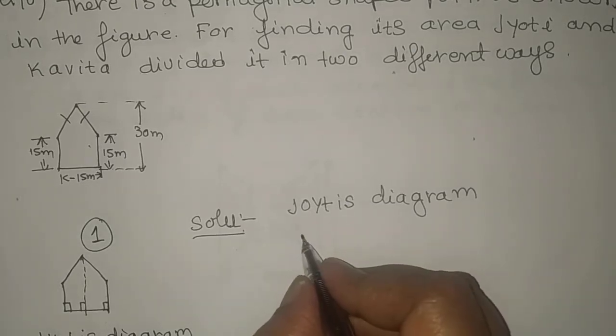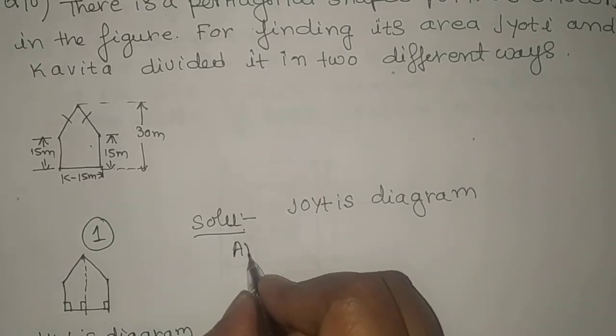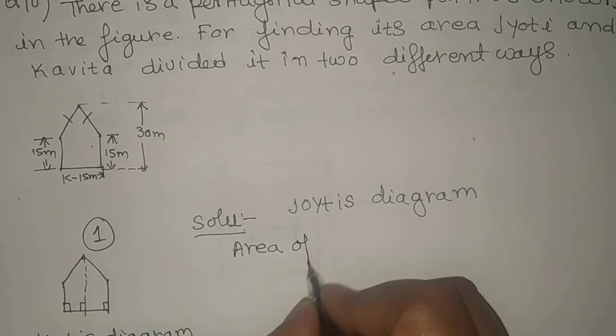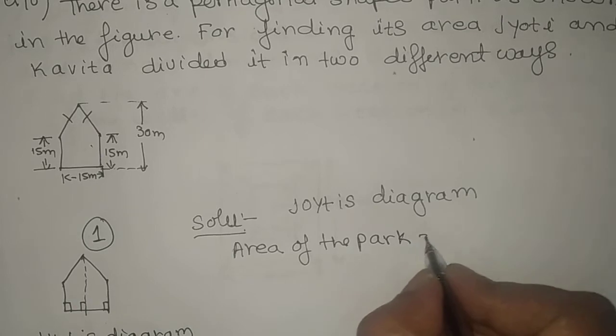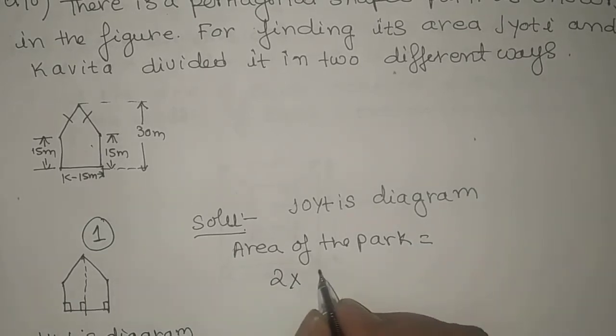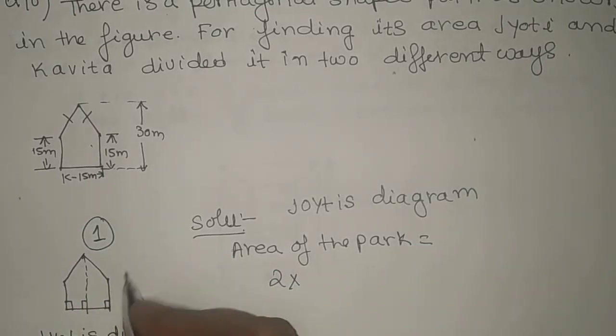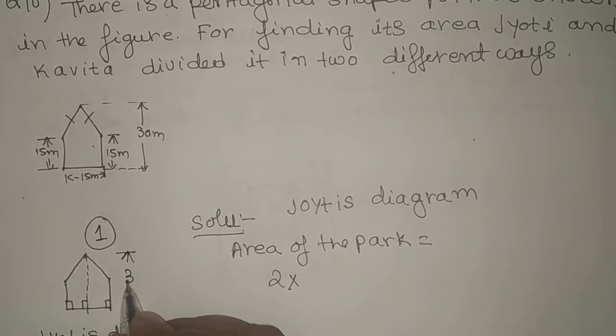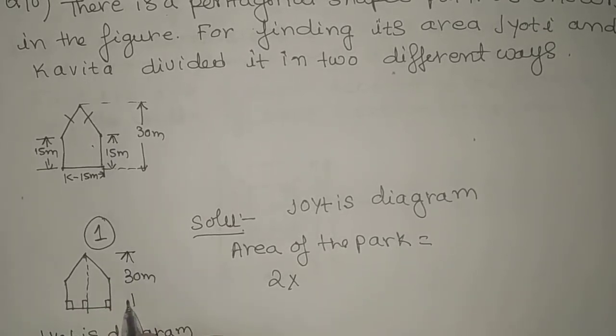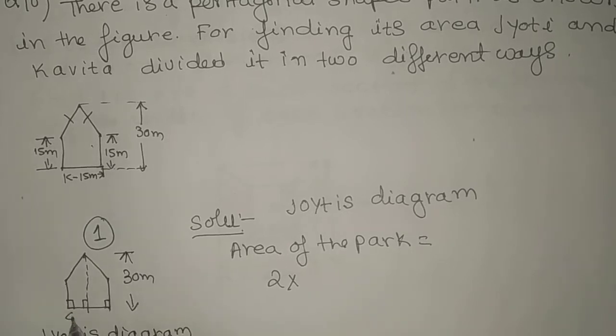Now we'll find out the area of the park. So area of the park is equal to 2 into, here the height given is 30 and this one is 15 m.